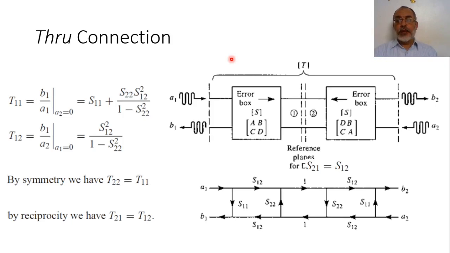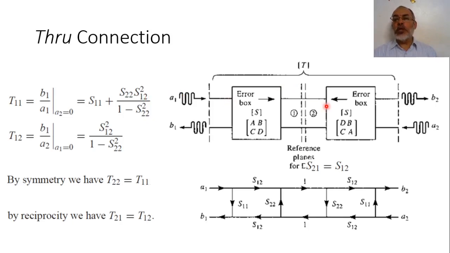Effectively, we have three unknowns in this parameter, assuming that the error box is reciprocal. If it is reciprocal, it means that S12 equals S21. So we have S11, we have S22, and we have S12. These are the three unknowns.